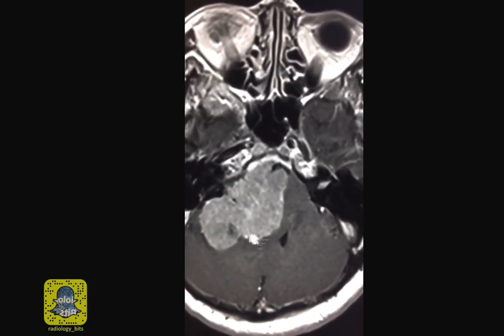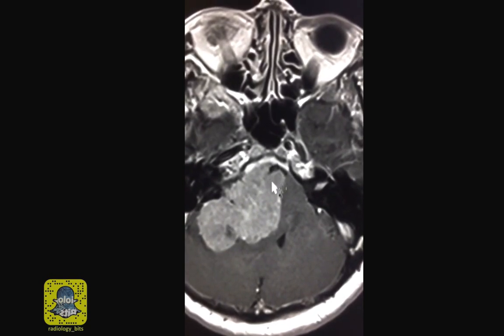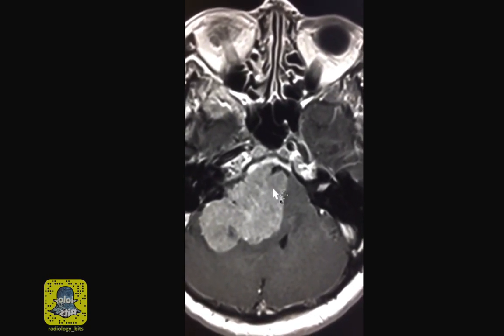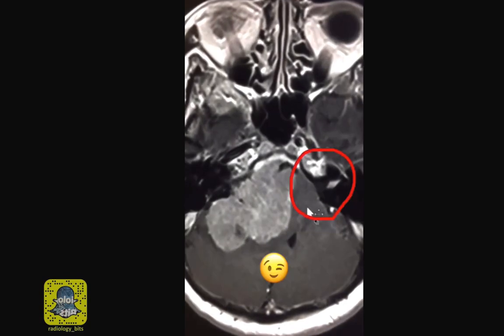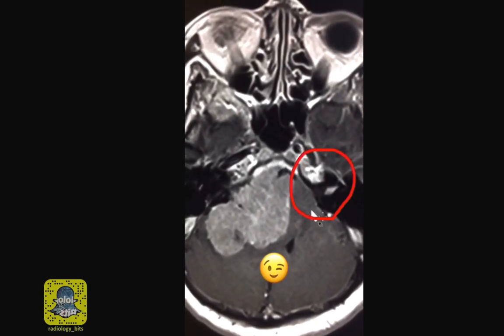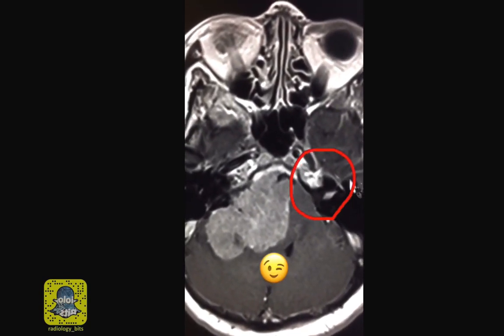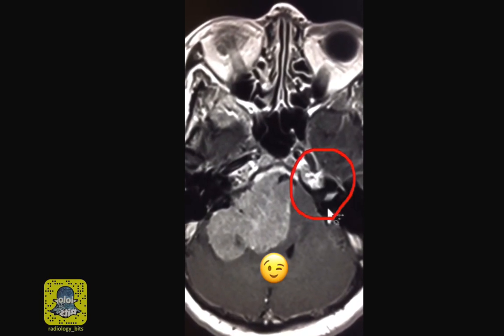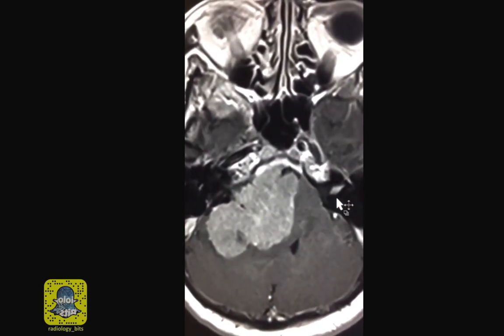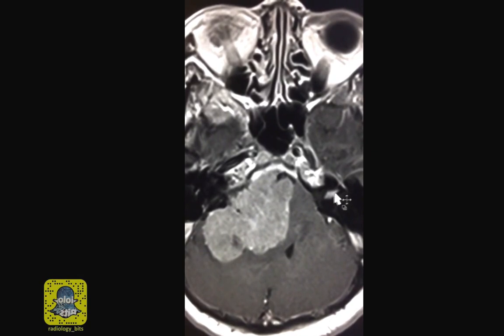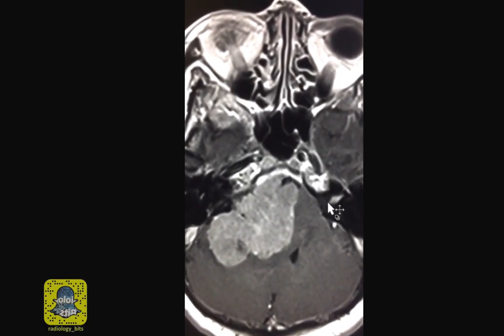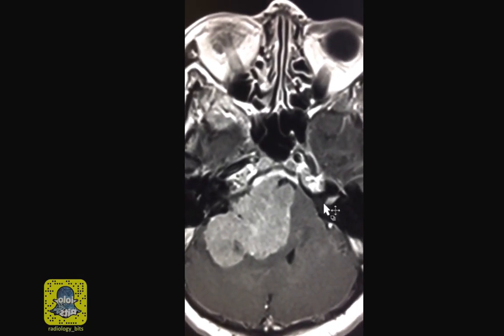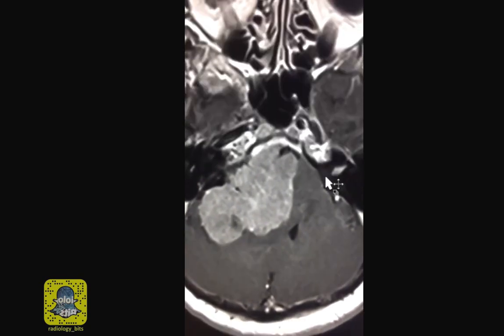Everything tells us that this is a meningioma of the right cerebellopontine angle, but the story is more complicated than that. For seniors, have you noticed this? This is the internal auditory canal, and you should see no enhancement at all there. Any enhancement is abnormal.